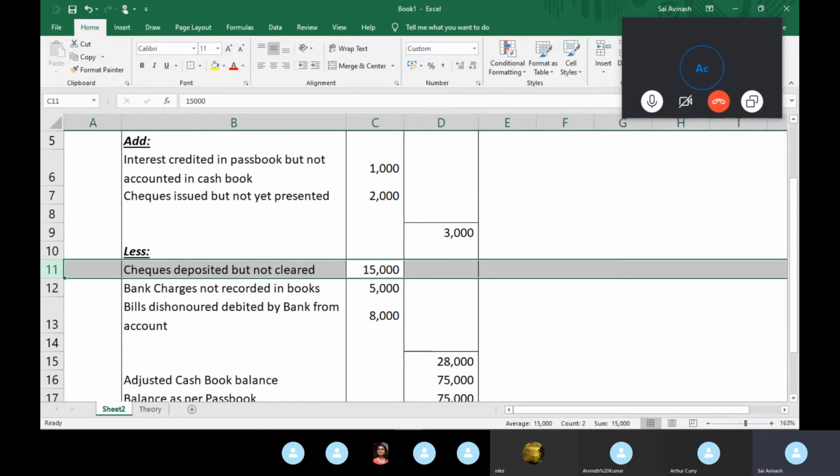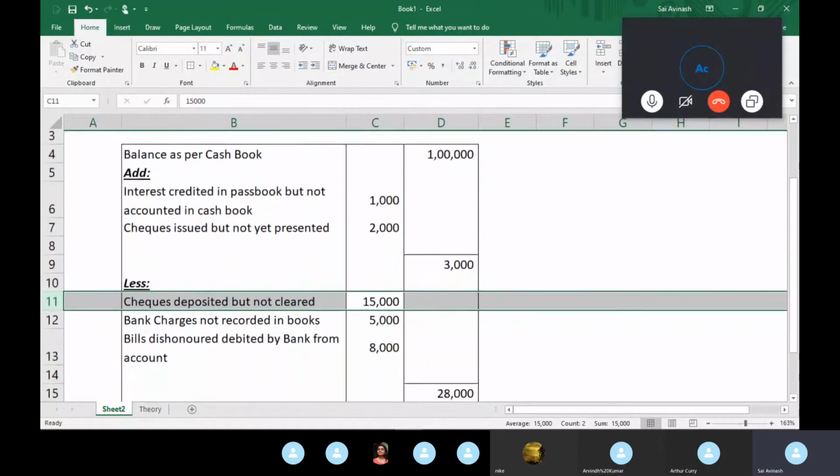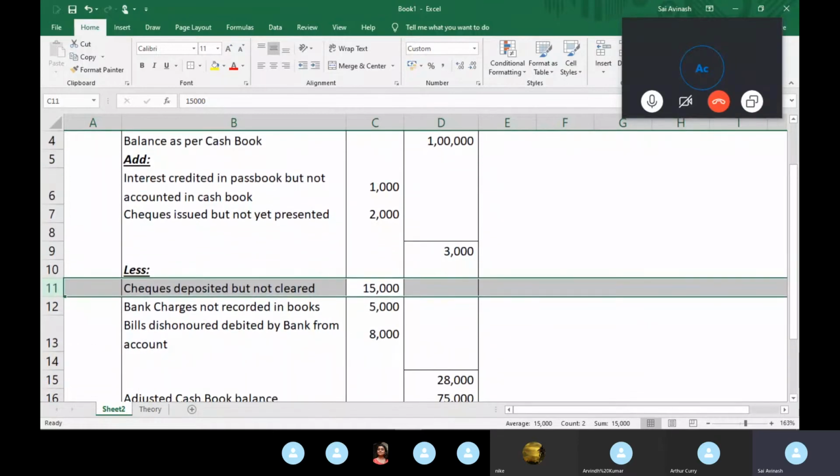In that window, I would have increased my bank balance in my books, but the passbook would not reflect the transaction data. So my books will show a higher value than my bank passbook. So I will reduce that in order to explain that difference. My books are showing the higher value because I have recorded that I deposited a check, but the bank hasn't confirmed that yet.